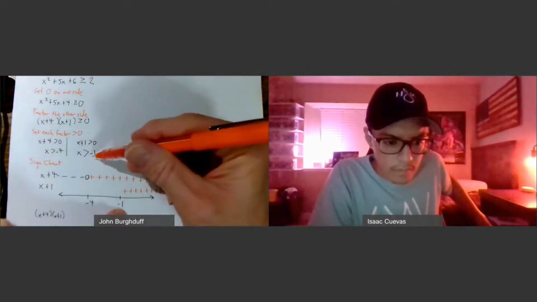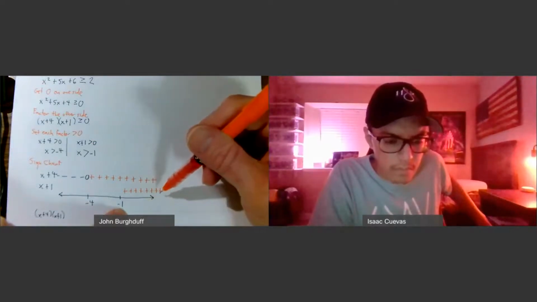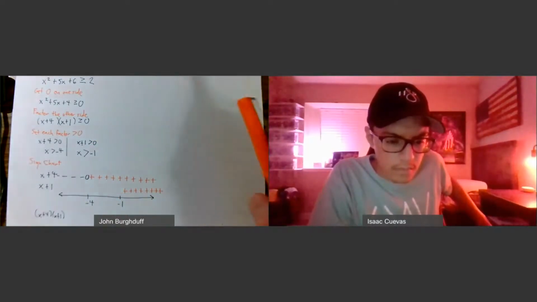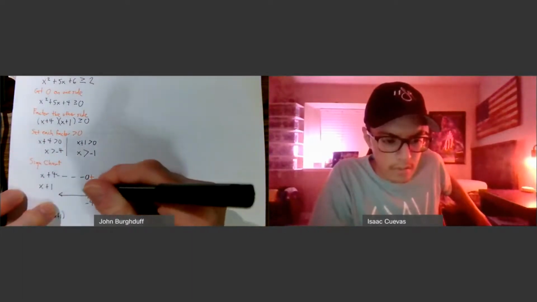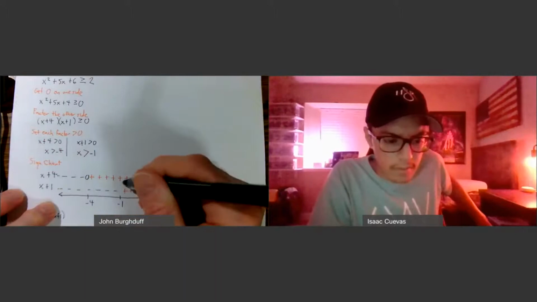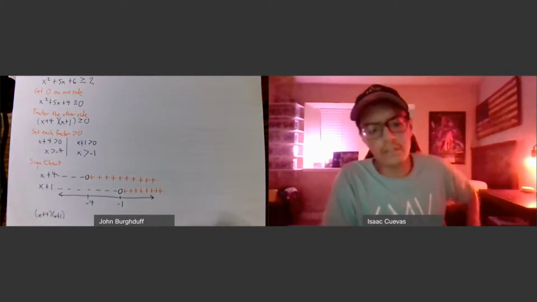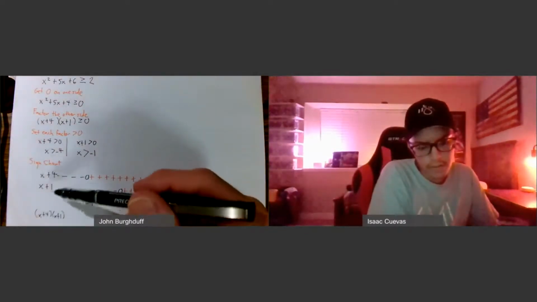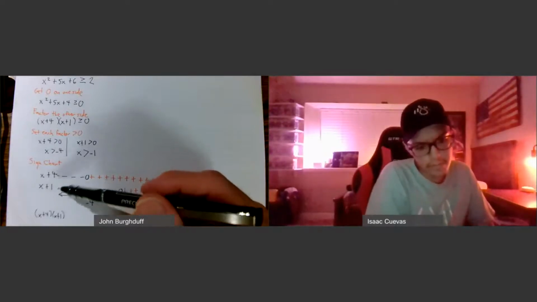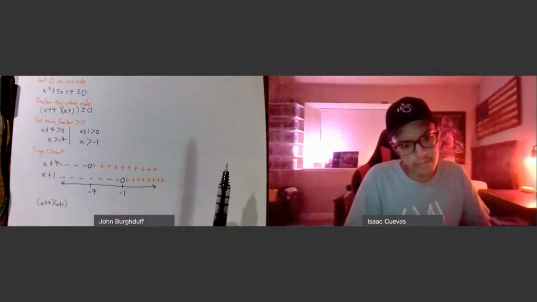For all these values of x, this factor is positive, which means that for all the other values of x, it's negative. And right at that crossover point, it's 0. Okay, that's sort of making sense. Okay, so I'm looking at each of my factors separately because it's easier to look at them separately. Then I try to put them together.